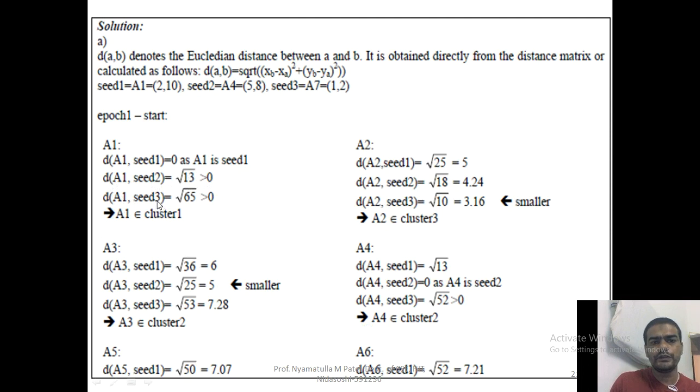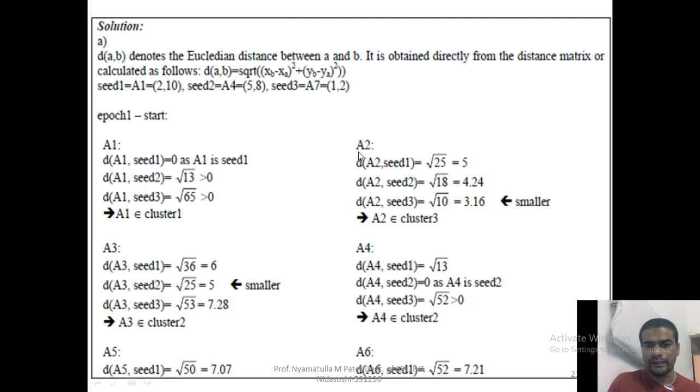Then A1 to seed 3, which is A7: that is root 65, which is greater than 0. So A1 belongs to cluster number 1, and not to cluster 2 or 3, because I am choosing the smallest value.